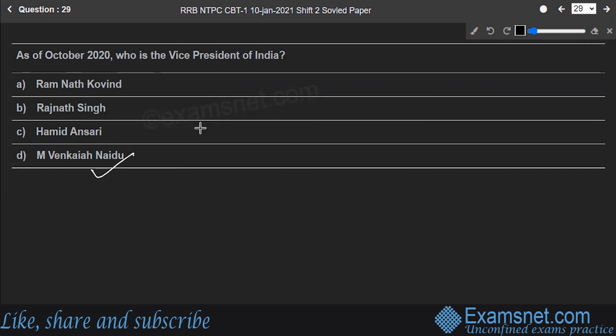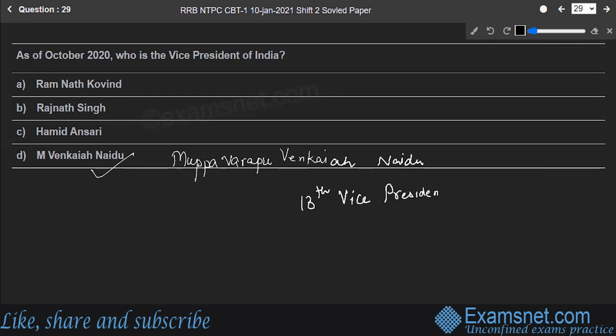Muppavarapu Venkaiah Naidu is an Indian politician serving as the 13th Vice President of India since 2017. Jagdeep Dhankhar is the 14th and the current Vice President of India.